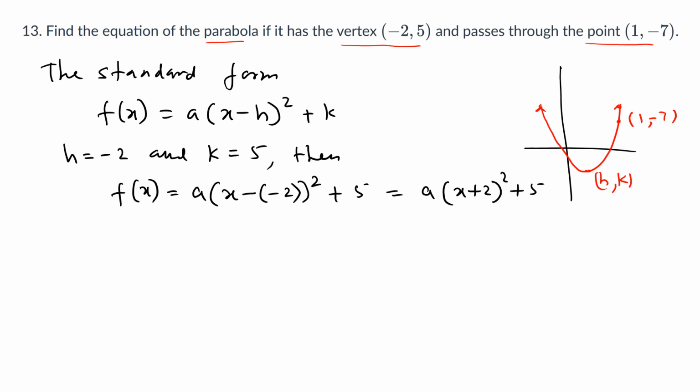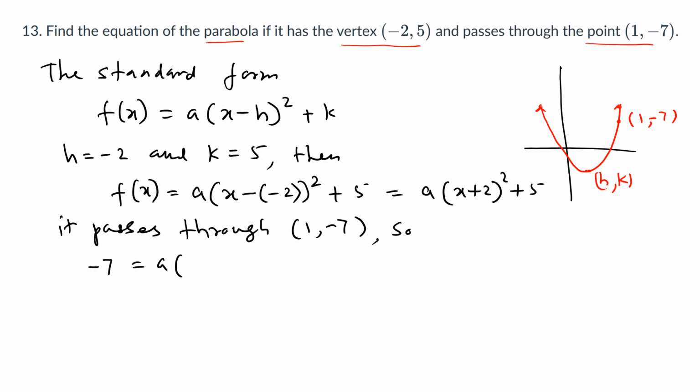Now since it passes through 1, -7, this point should satisfy the equation. That means -7 equals a times, x equals 1, so 1 plus 2 squared, plus 5. Now we solve for a.